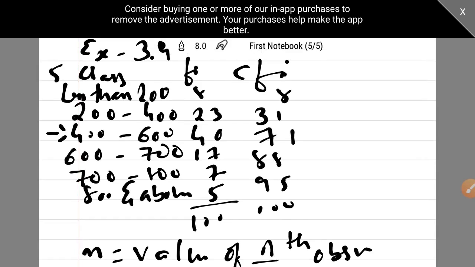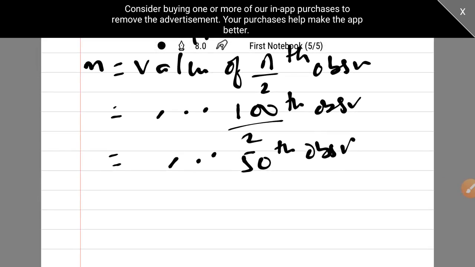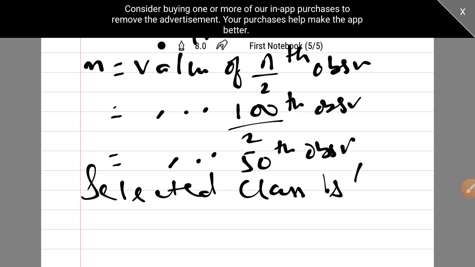So if the 400 to 600 class is there, this is your FI, this is your CFI. So my step 2 is to find the selected class, and the selected class is 400 to 600.